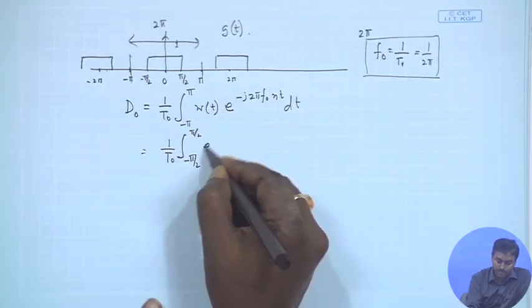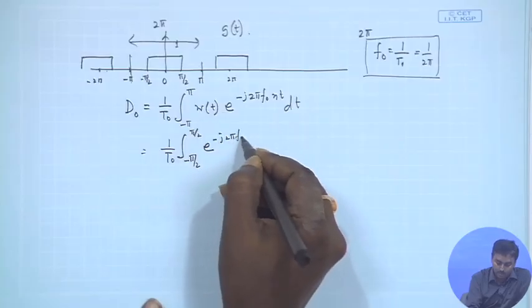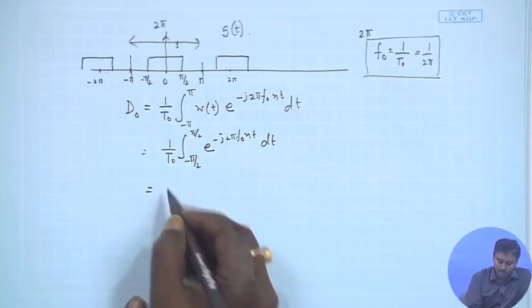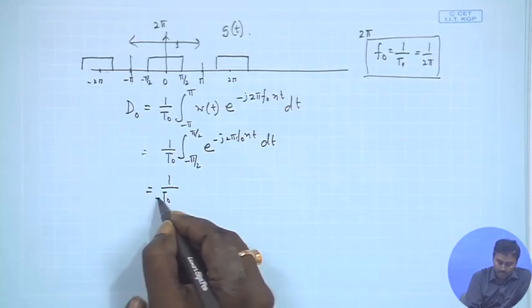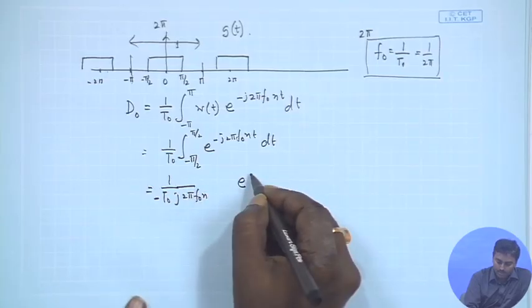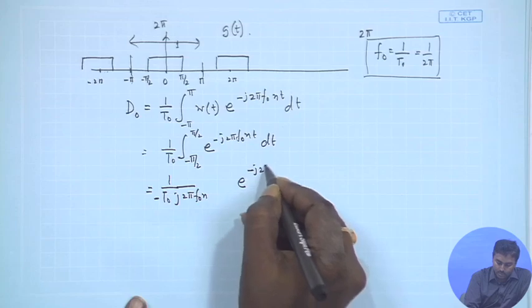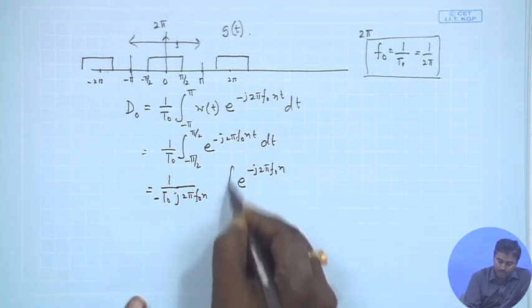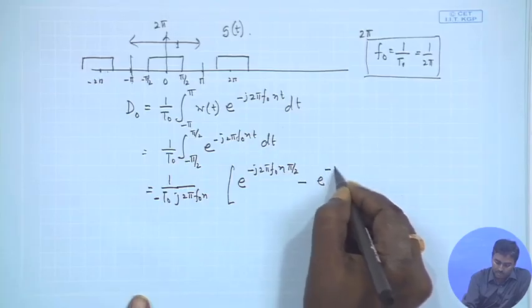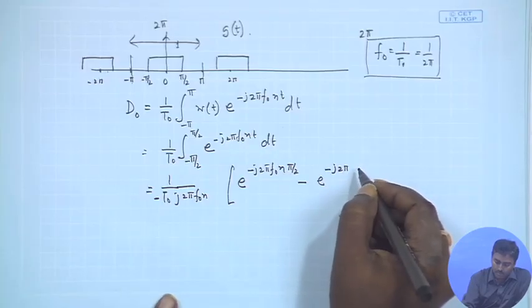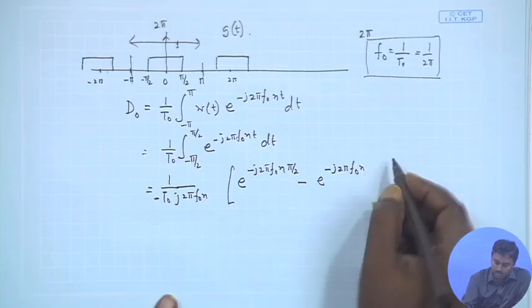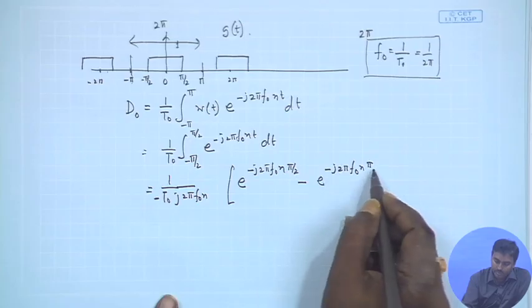Right. So it is just e to the power minus j, so just do the integration, it should be 1 by T0 times e to the power minus j 2 pi f0 n t divided by minus j 2 pi f0 n. So we have to put the limits, pi by 2 minus, again minus pi by 2.